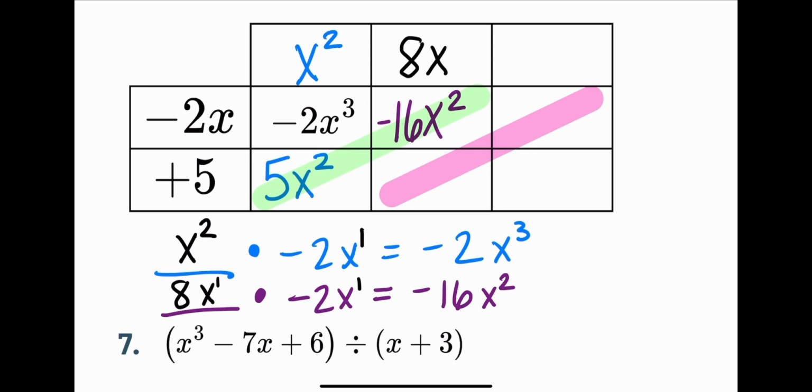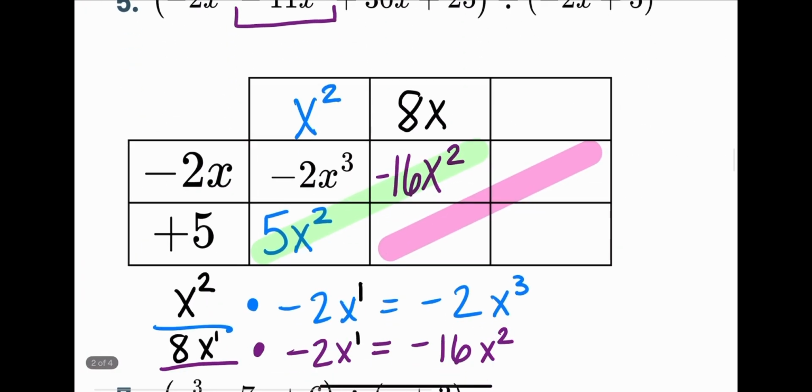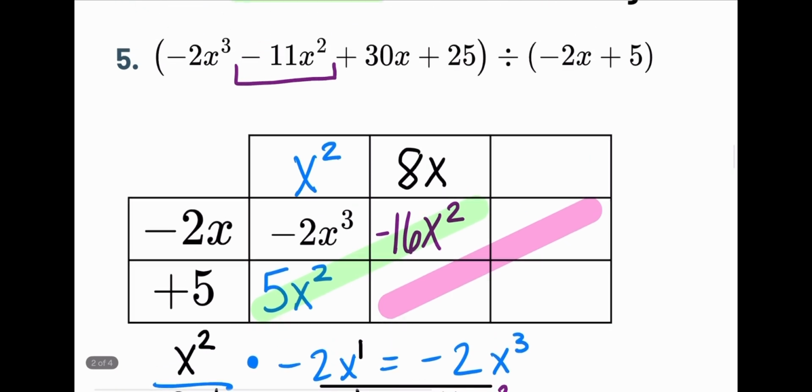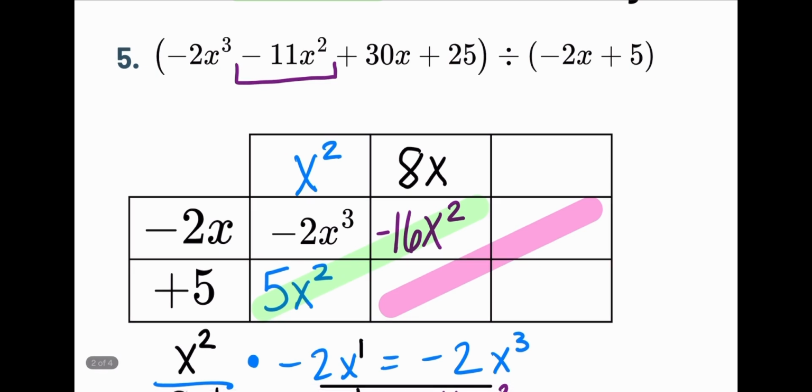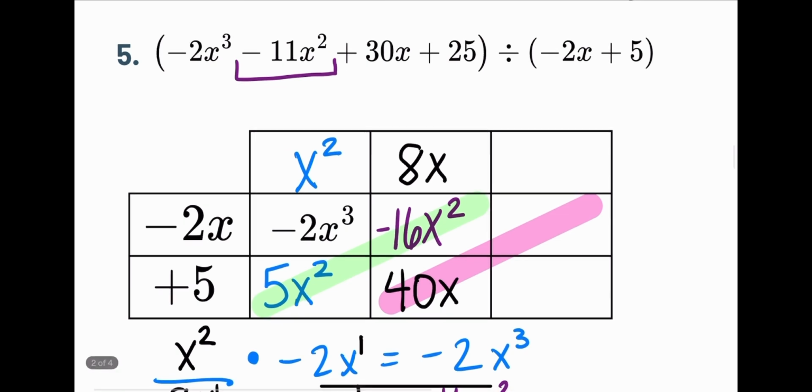And again, we are able to find the next box, which hopefully you said this one is the next box. Well, what goes in here? The result of this box is going to be 8x times 5. So that is going to be 40x. Okay? And again, we're in a situation where we can't find this box without this one.